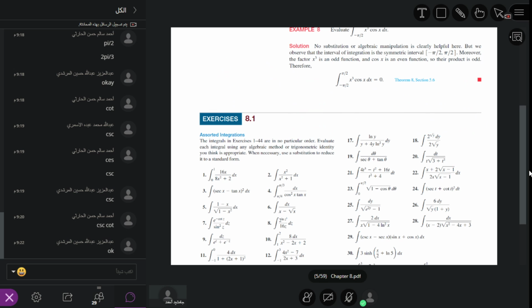After that we have to solve question number 15. Here, see the following question. What is the question?